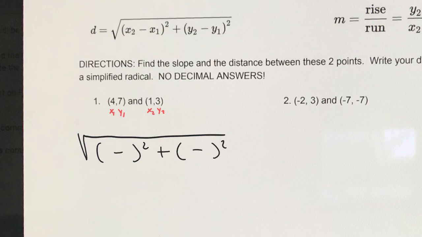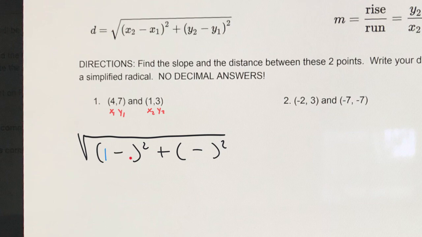You don't have to do it this way. But I like to just write all that because I know I'm going to be doing it anyway. Might as well draw the structure. Plus, that will sort of prompt me with regards to what the next step is. So what goes here? Well, according to the distance formula, it's x2. What's x2? x2 is 1. So you just plug it in.